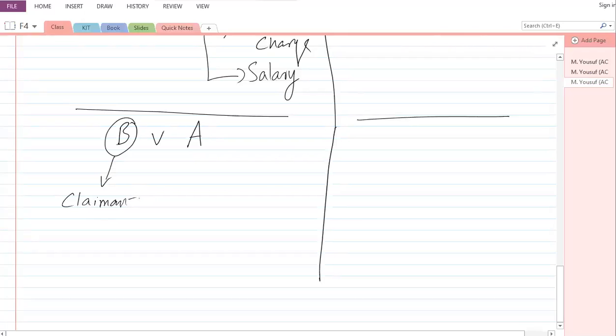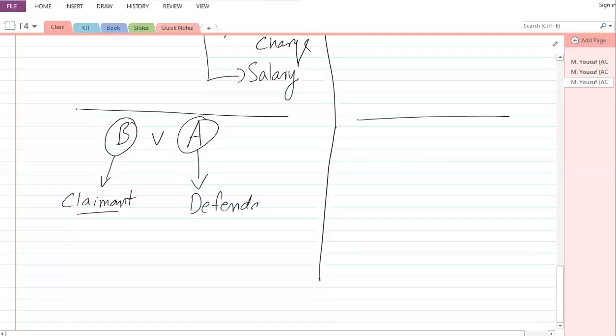He is going to claim that Mr. A violated his rights. Mr. A was the reason for the damage to his car or the punch. So the case starts with the claimant's name, and the later name, Mr. A, is called the defendant.